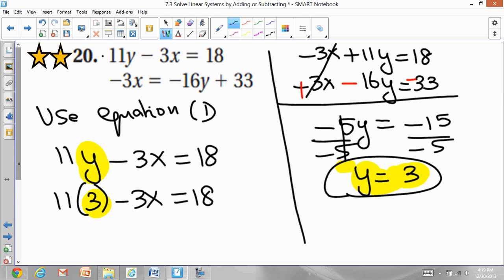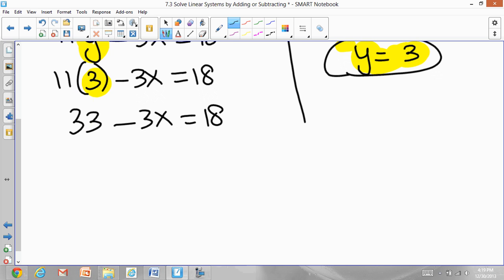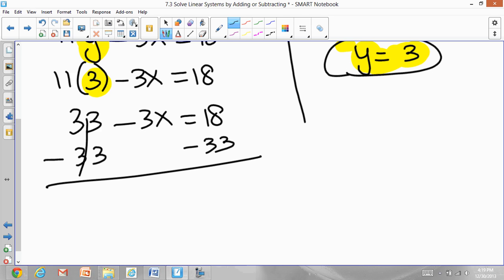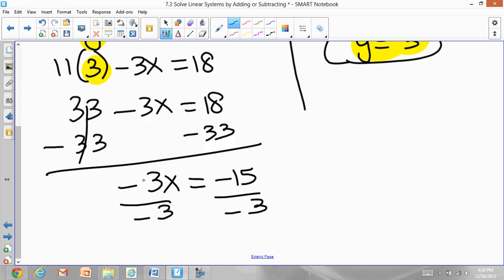So now I have 11 times 3, which is going to be 33, minus 3x equals 18. This is your two-step equation, minus 33 on both sides. Cancel, minus 3x equals negative 15. Divide by negative 3, divide by negative 3. Cancel, and you get x equals 5.